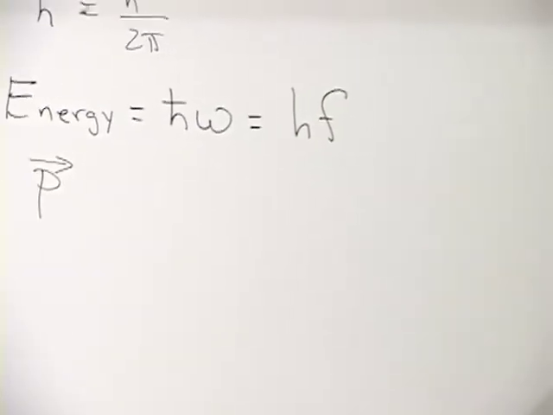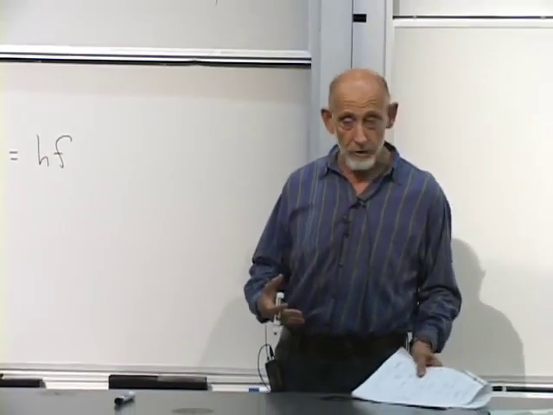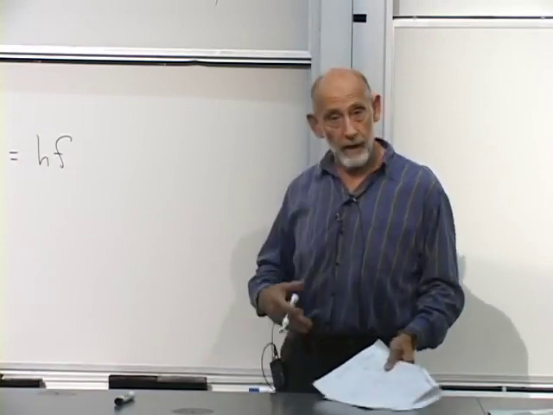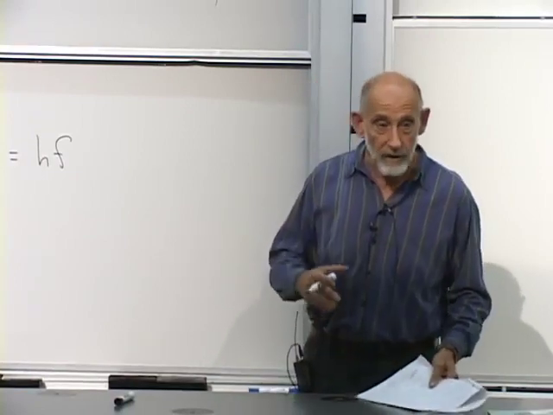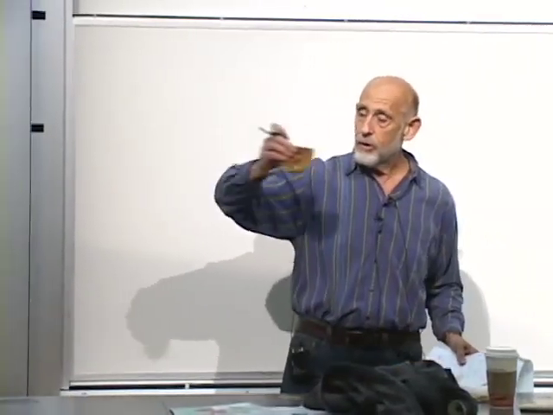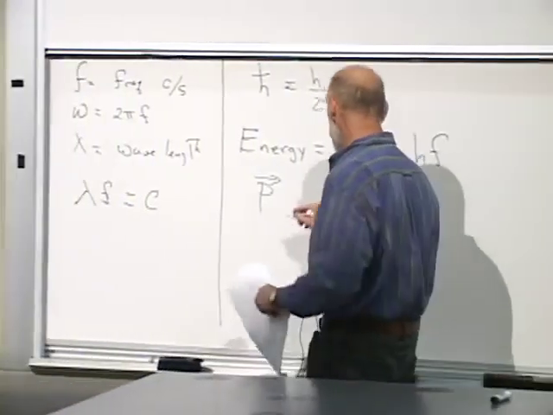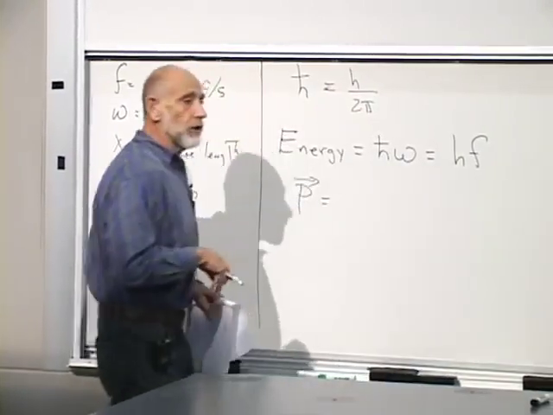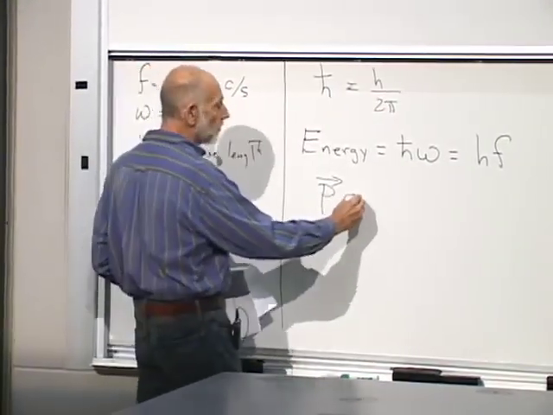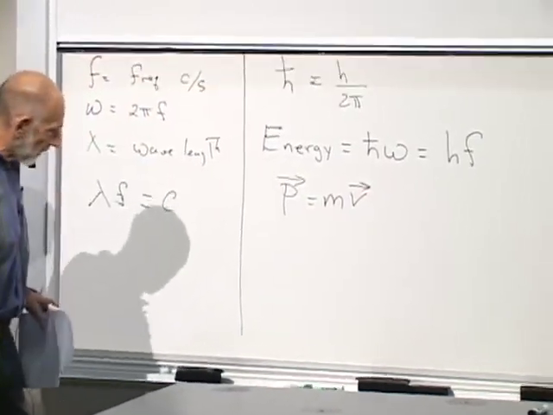Okay? But having said that it's defined by being conserved, we count it and so forth, we can ask what is the momentum of various kinds of objects in nature. And the first thing we can write down is the momentum of a non-relativistic object. Non-relativistic object just means one moving a lot slower than the speed of light. The momentum of such an object is proportional to its mass times its velocity, and its velocity is also a vector.